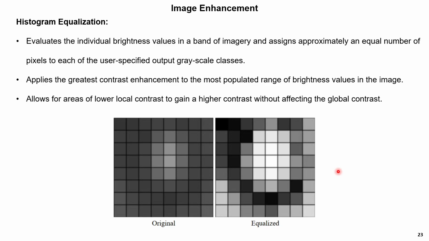So this method will try to combine all the pixels in such a way that every range of DN values will have the same number of pixels. So your equalized image will have more contrast than your original. By this, we can enhance our image. We will see how we are doing it.